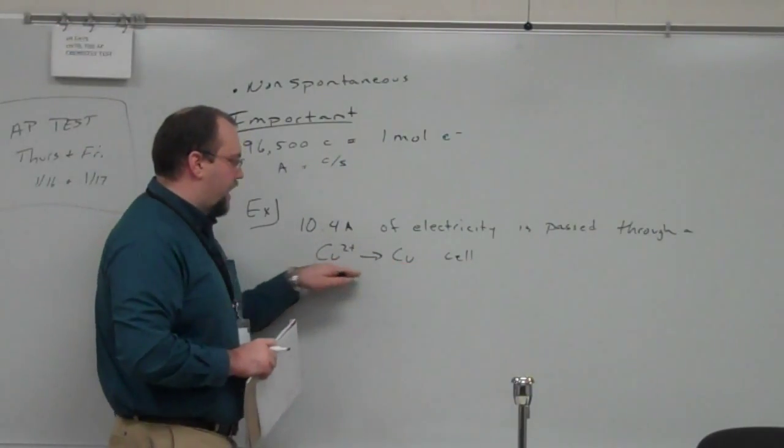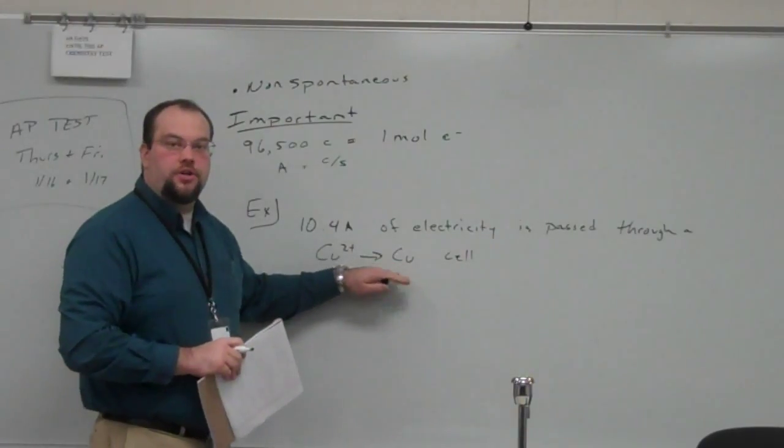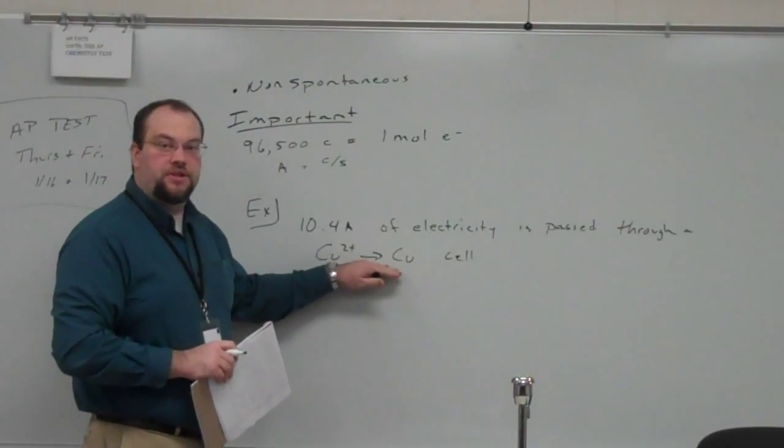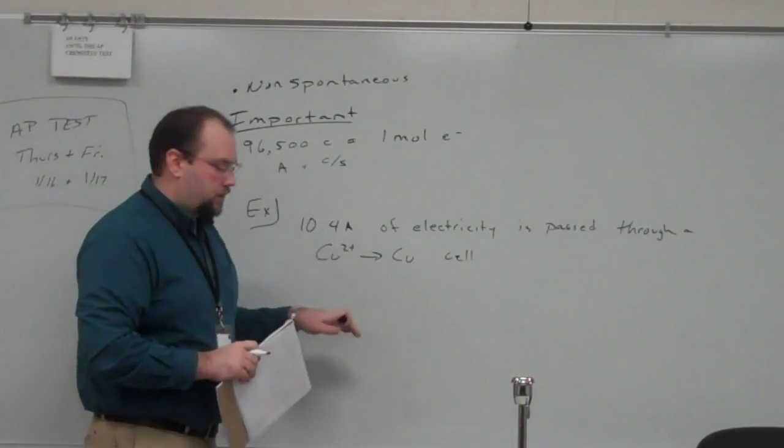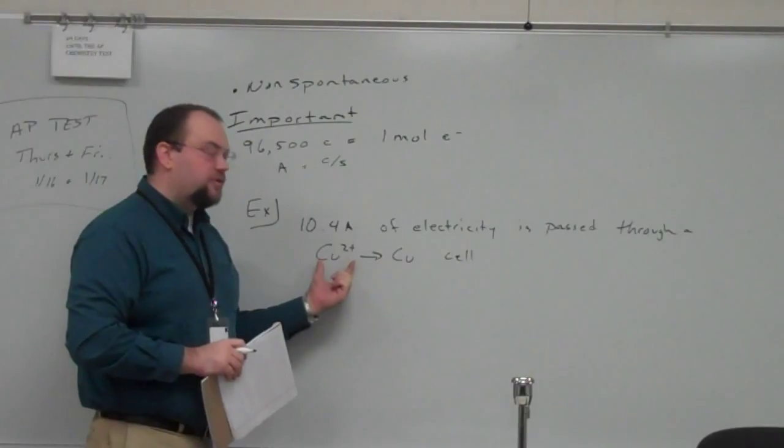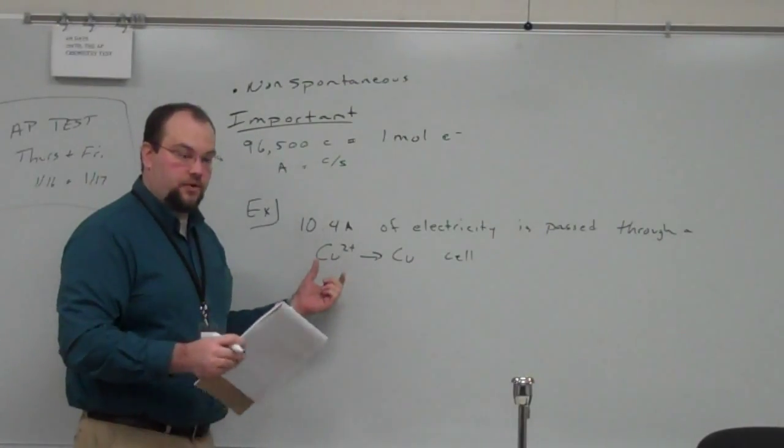This would be true for any equation on your reduction potential sheet. Most of them are very similar. The only thing that matters is how many electrons are in the balanced equation.